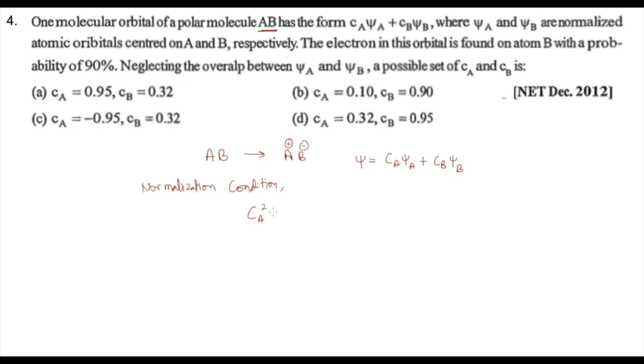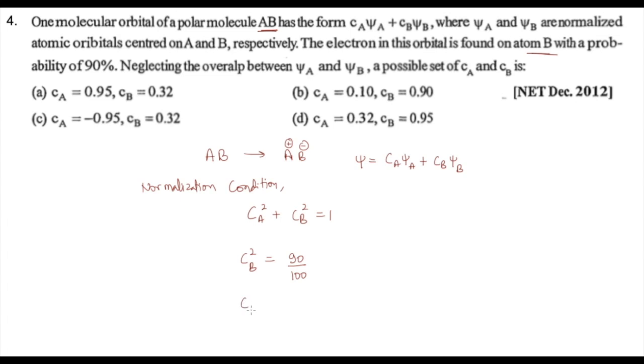That means Ca square plus Cb square is going to be equal to 1. Now it's also given that the probability of finding the electron on the B atom is 90%. Now Cb square, the square of the coefficient of the atomic orbital of B, tells you about the probability. So what does that mean? It means that Cb square is equal to 90%, or 90 upon 100.